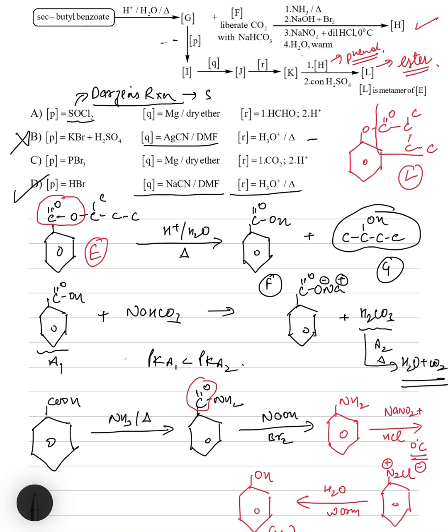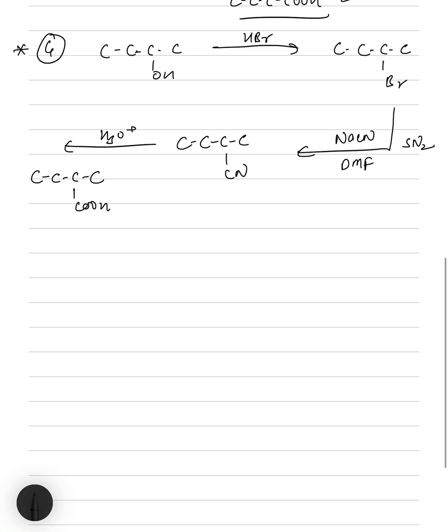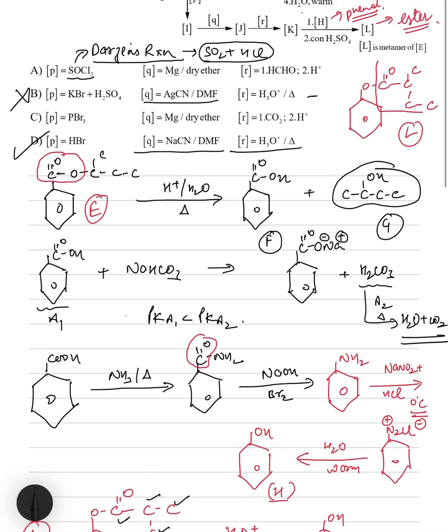Because the byproducts formed here are SO2 and HCl. Both are gaseous and are liberated easily, and we get the pure form of alkyl chloride. So if I use option A, the product, let's do it again. We have this alcohol. If we react it with SOCl2, we will get the chloride, right? 2-chlorobutane, a secondary chloride.